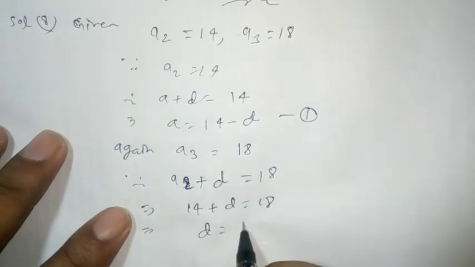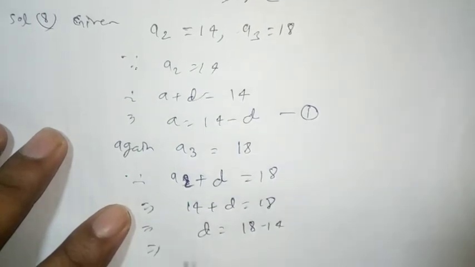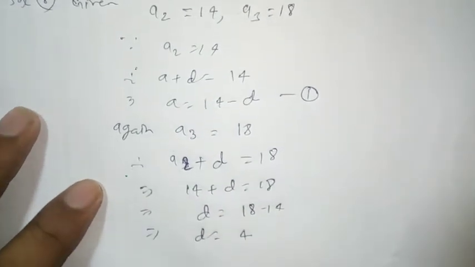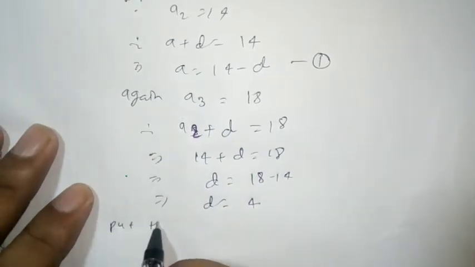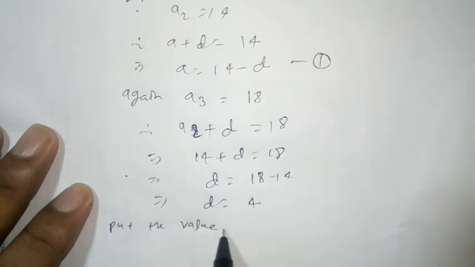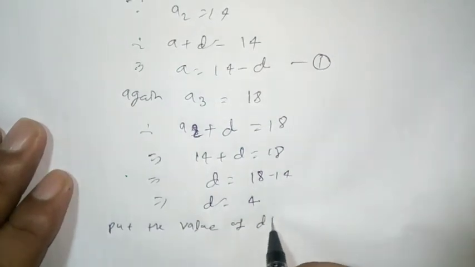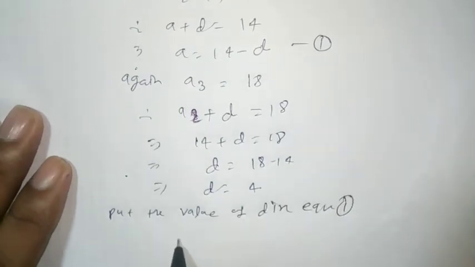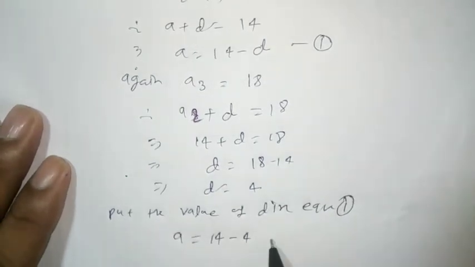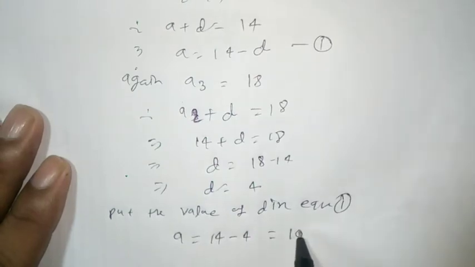Implies D is equal to 18 minus 14. Implies D is equal to 4. Now putting the value of D in equation 1, A is equal to 14 minus 4 is equal to 10.